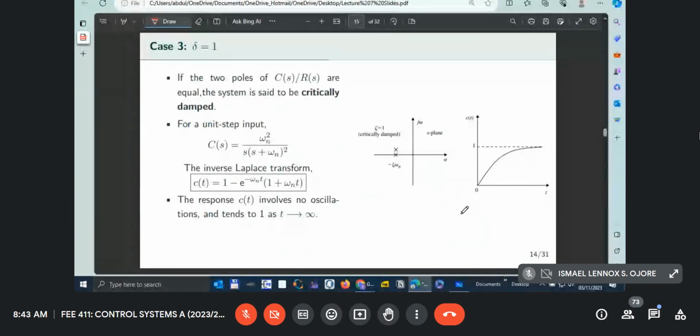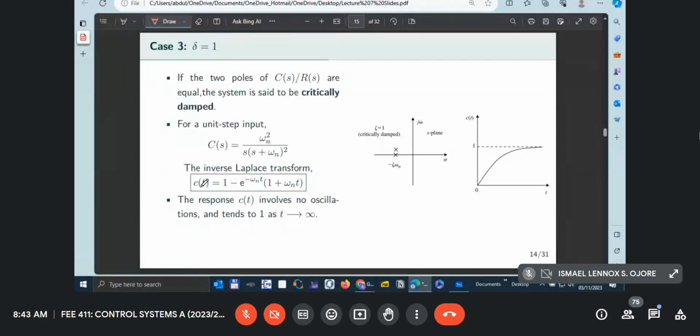So again, if we have delta equal to 1, then as we said earlier, that is what we call the critically damped case, and the poles are on the negative real axis, as we have seen here.